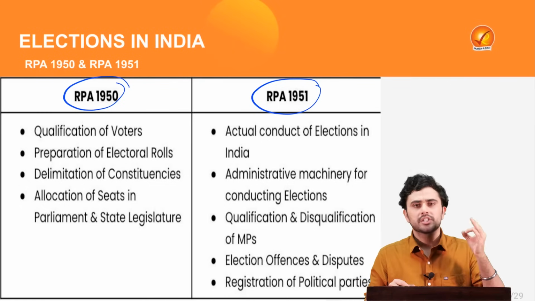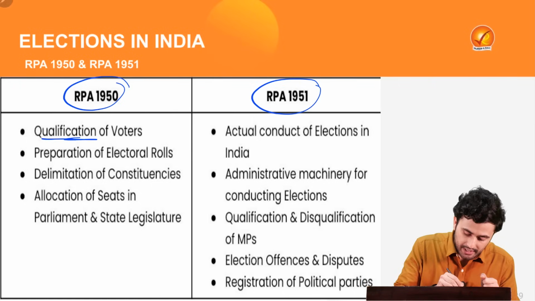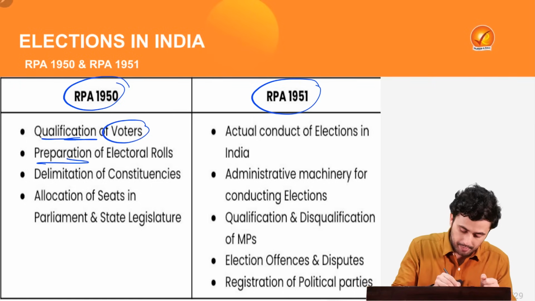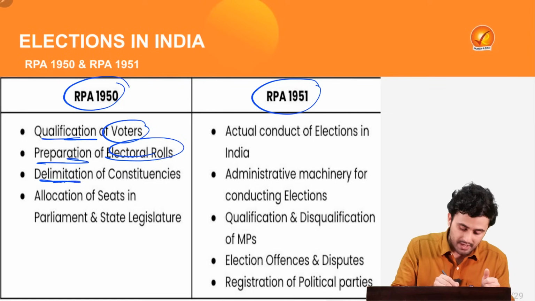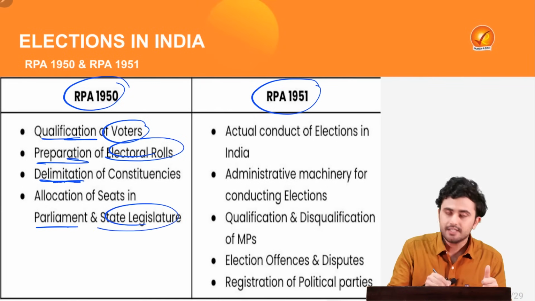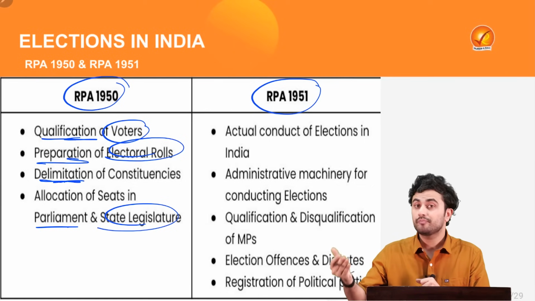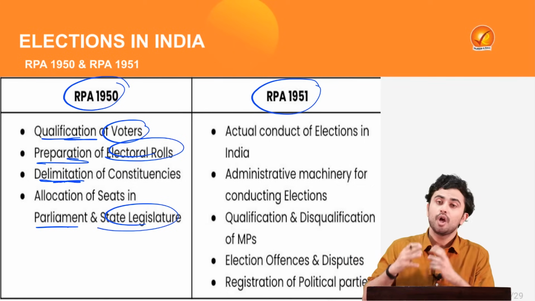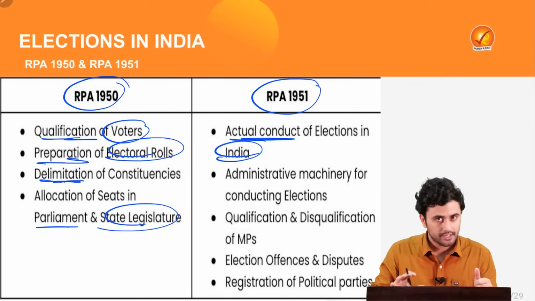For example, the Representation of People Act 1950 provides for qualification of the voters, preparation of the electoral rolls, delimitation of the constituencies, and allotment of seats in the parliament and the state legislature. On the other hand, the Representation of People Act 1951 provides for the actual conduct of elections in our country.